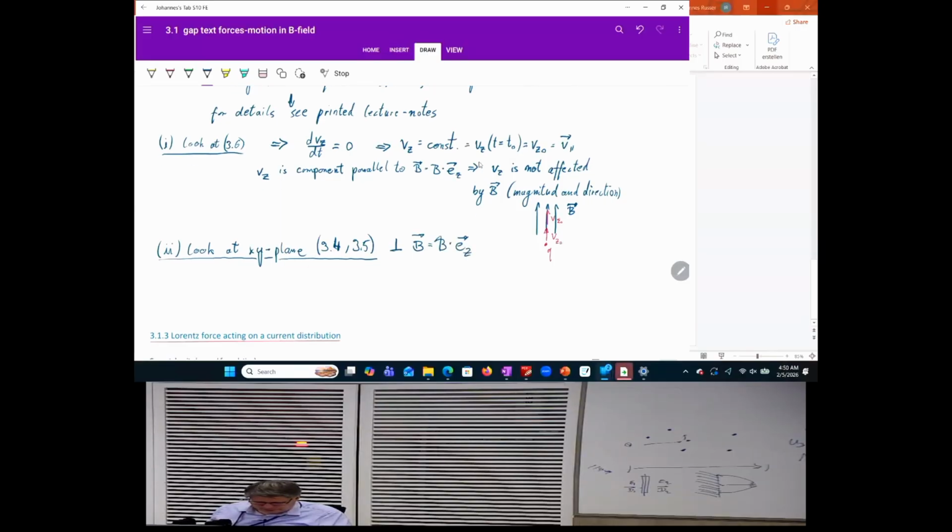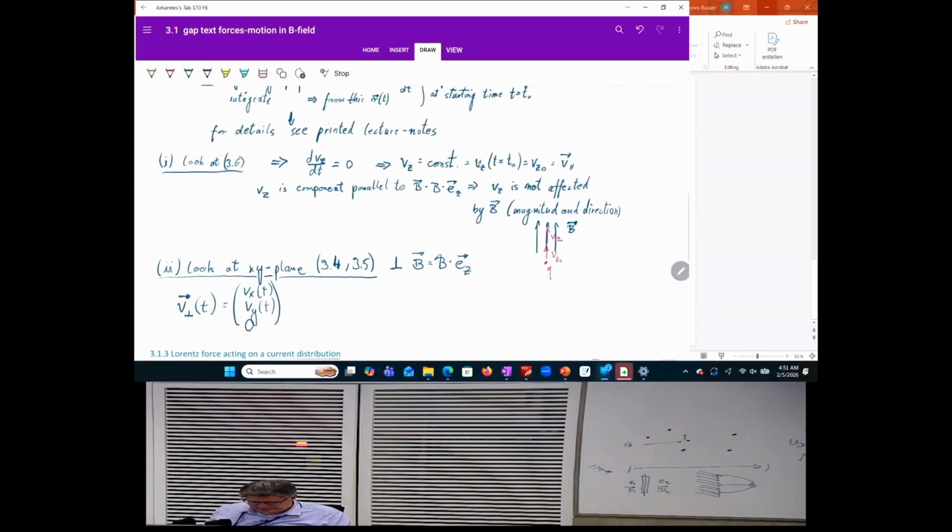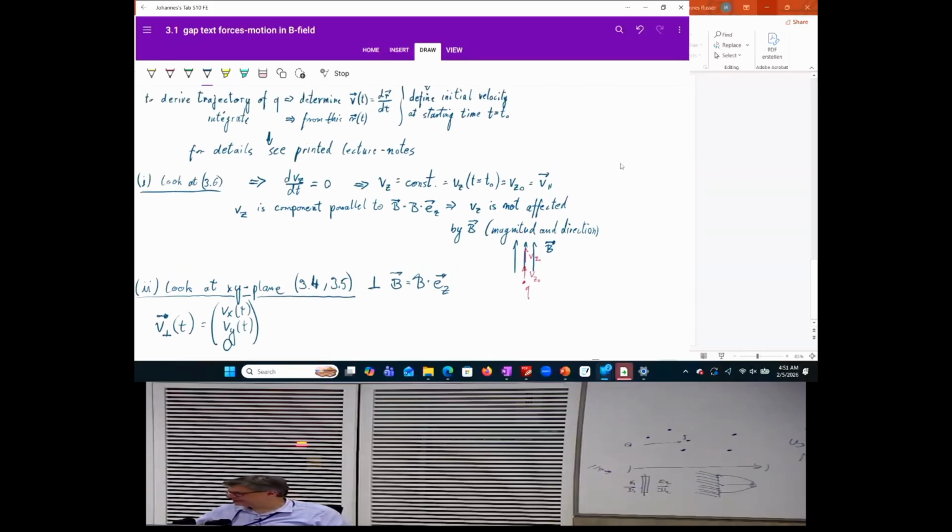So our perpendicular component of the velocity vector is Vx as a function of t, Vy as a function of t, and 0. This is our perpendicular component. Whatever we had at z, we have split off into the parallel component up here. This here is our perpendicular velocity vector, that is whatever is perpendicular to the B field.